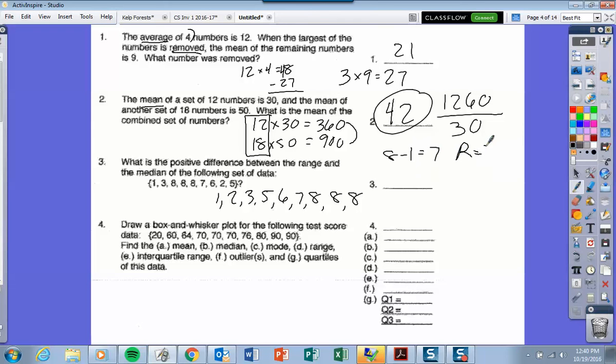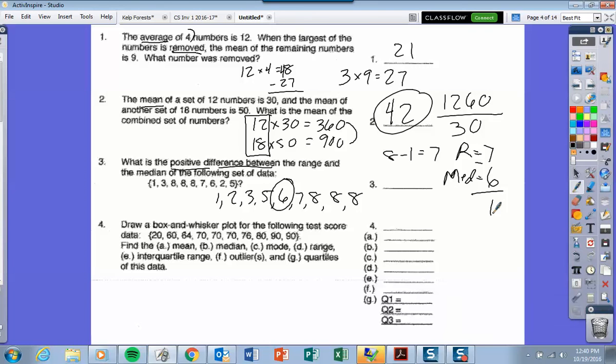My range is 7. The median is the middle number of the set. Because I have 9 numbers, I have a middle number that is 6. And so my median equals 6. And I want to know the positive difference between that. So I'm going to say 7 minus 6 gives me 1.